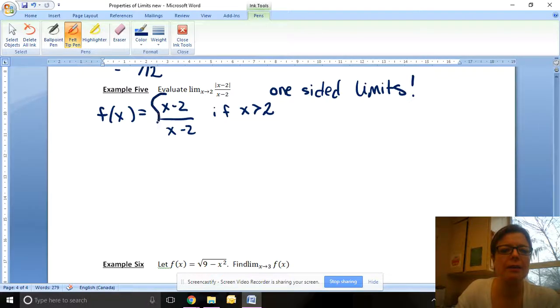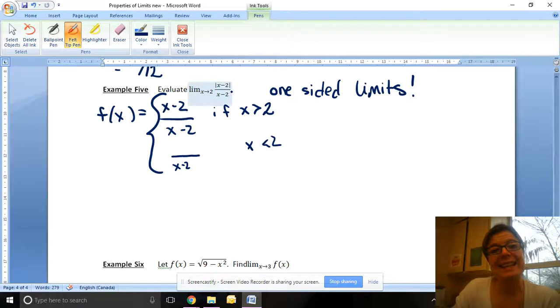However, what happens if x is less than 2? Well, the denominator is still x - 2, but the numerator would be negative and the absolute value makes it positive, so you would negate that negative to make it positive.